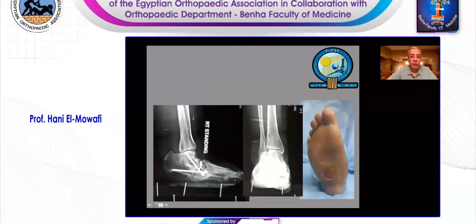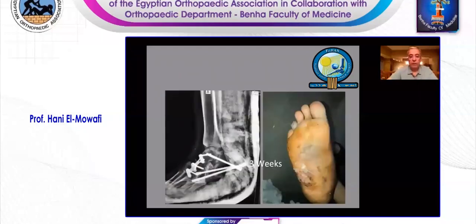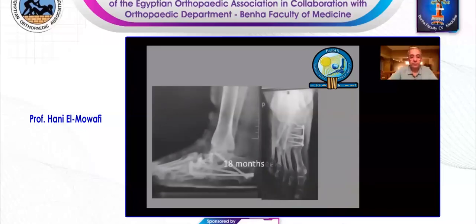There is a union in many places, but the patient has an ulcer. And we did a revision by placing screws, and we did a subtalar arthrodesis, middle ray arthrodesis, and lateral ray arthrodesis. And this is the patient after 18 months.